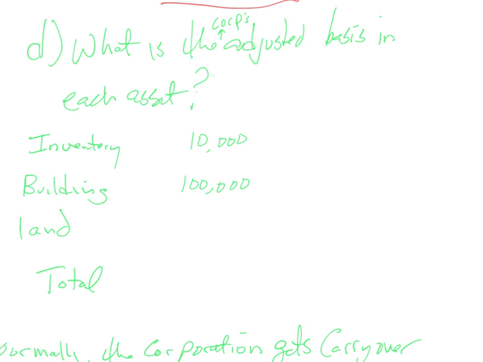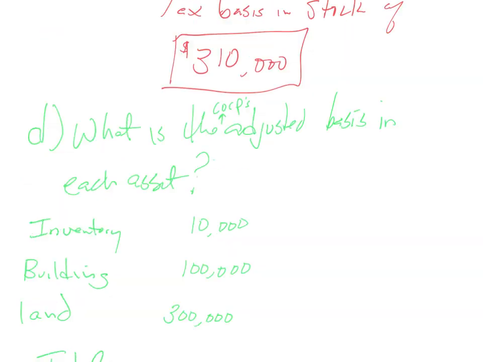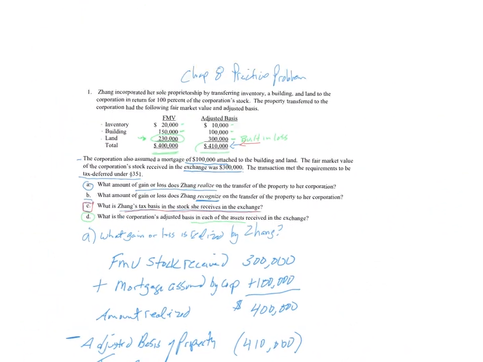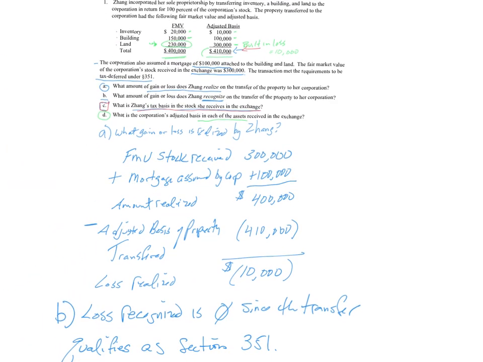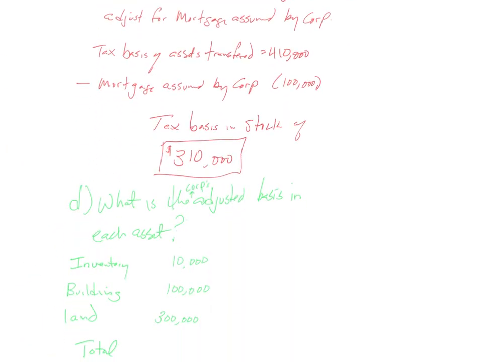Now, what do we know about the land? Well, what would we normally get? Normally we would get carryover basis, right? So our starting point is going to be that carryover basis. But in this situation, what was our built-in loss? Well, our built-in loss equals $10,000 because our adjusted basis is $10,000 larger than our fair market value. So in this situation, that's clearly attributed to the land.